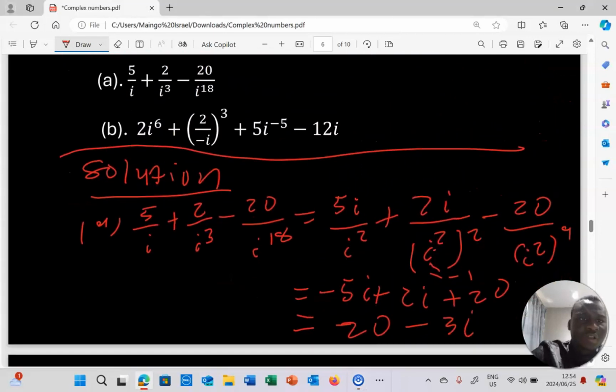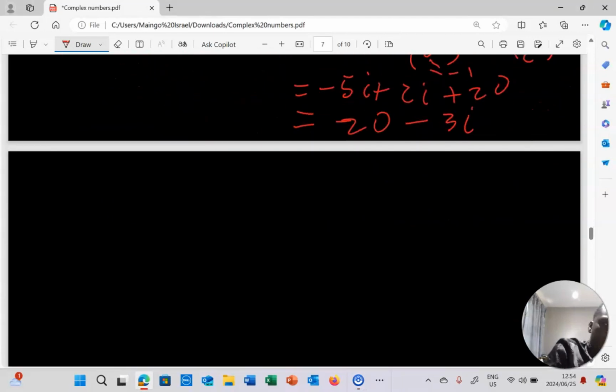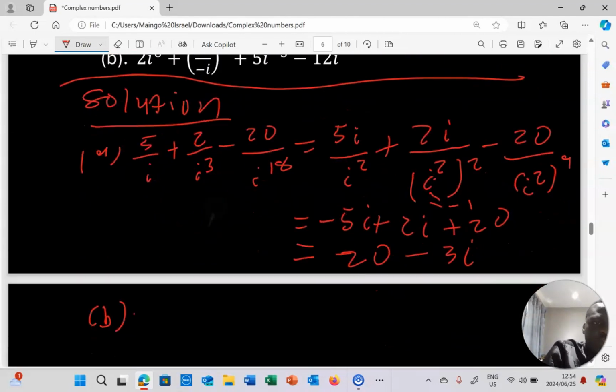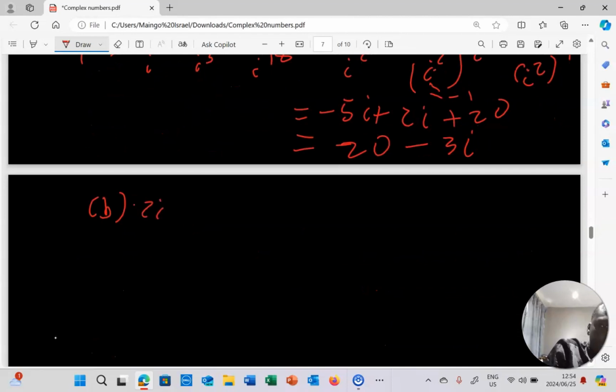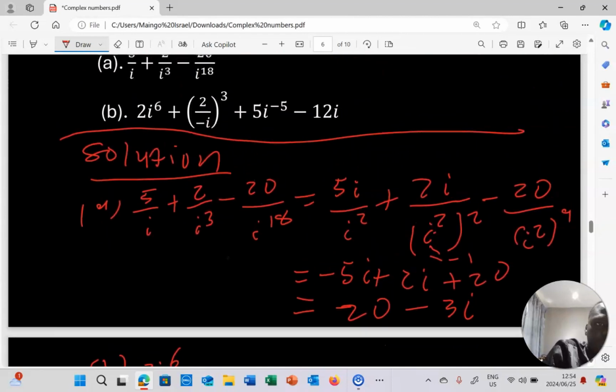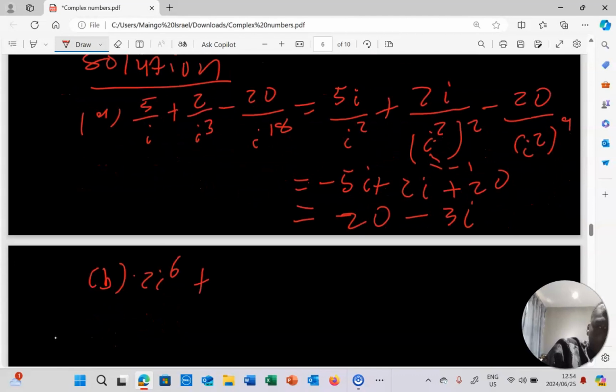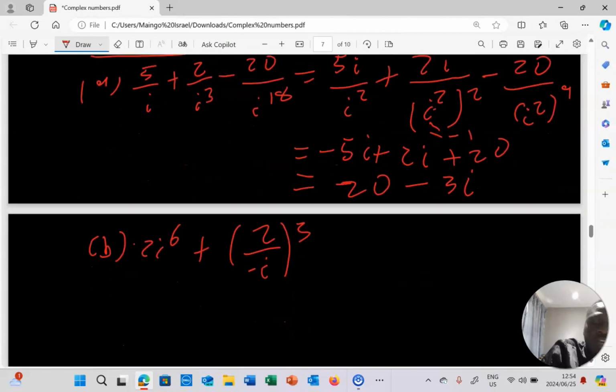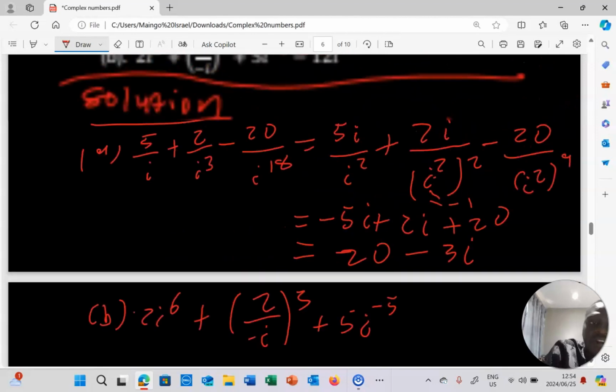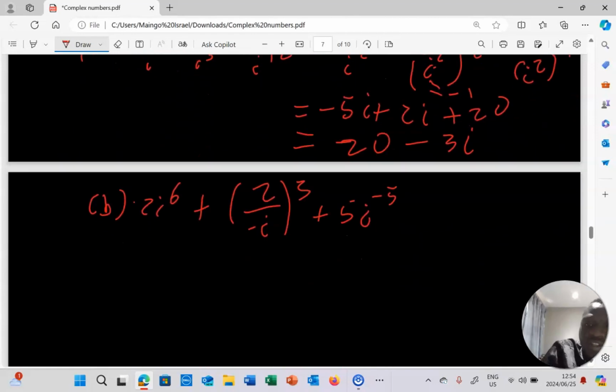So number B is 2i to the power 6 plus 2 over negative I to the power 3 plus 5i to the power negative 5 minus 12i.